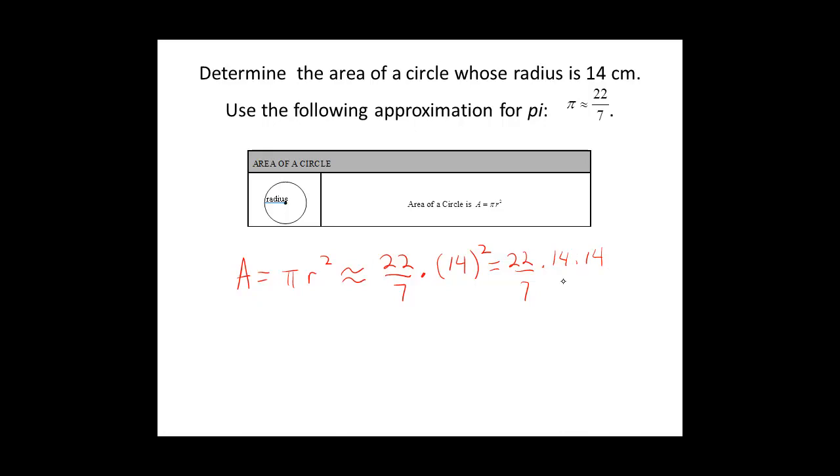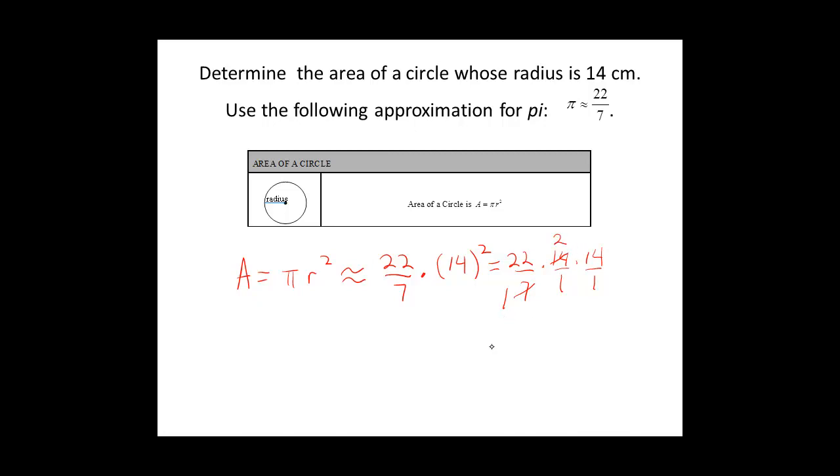We have multiplication, so we'll write our whole numbers as fractions by putting them over 1. We see that we have something that we can divide out. This 14 and 7 both have a 7 that can divide out. So 7 divided by 7 is 1, and 14 divided by 7 is 2.